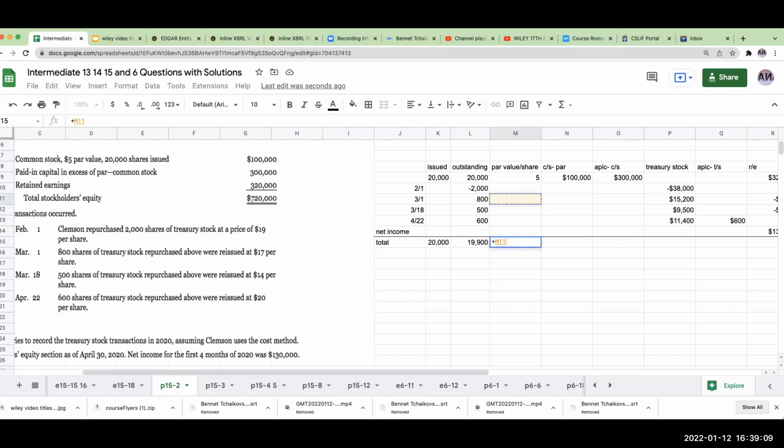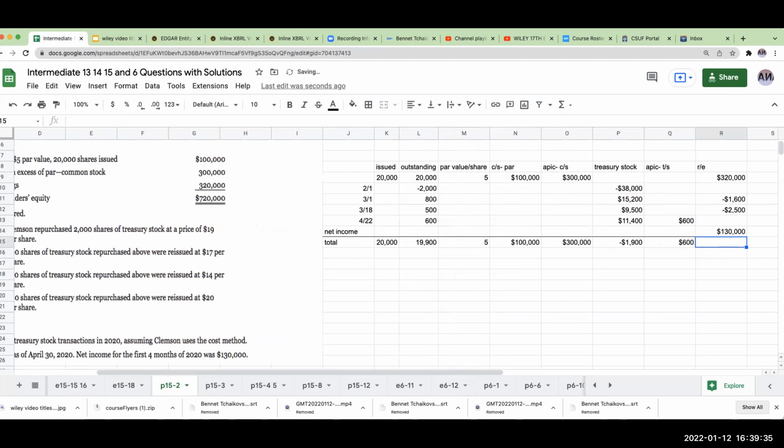My par value per share doesn't change. Common stock at par doesn't change. Additional paid-in capital doesn't change. My treasury stock is now going to be at 1,900. If we think about this, the number of shares I'm still holding in treasury is the difference between the issued and outstanding, or 100 shares at $19 per share, which is equal to the amount of the treasury stock that we have.